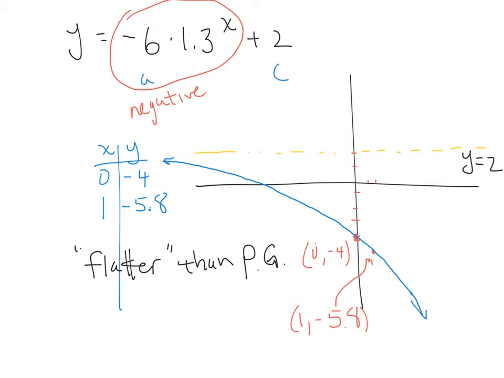And recognizing that this is upside down, meaning that it is below the asymptote, and that's because of a being negative 6, so it's upside down since a is less than 0. Okay? I hope this has been helpful.